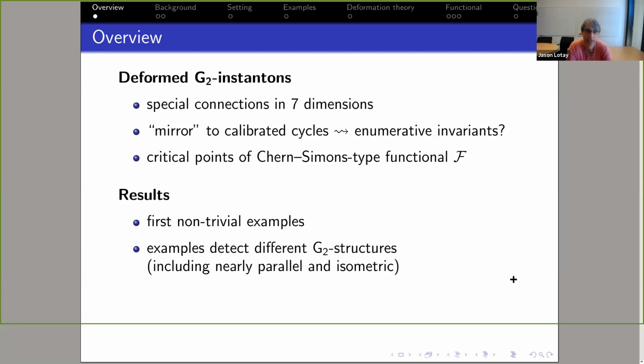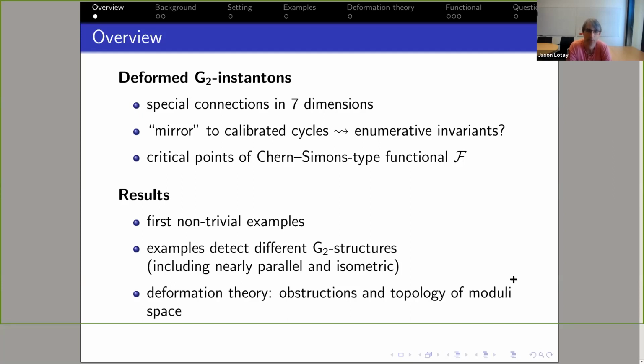Another feature that we'll see is that whenever you have gauge theoretic objects like this, you're interested in the moduli space or the deformation theory. And what one finds by looking at these examples is obstructions to the deformations. And one sees some information about the topology of the moduli space of these examples.